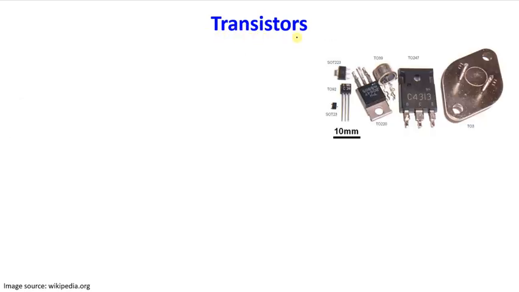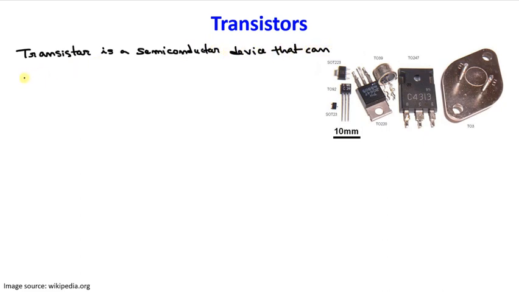So let us now discuss transistors. So what is a transistor? First of all, the transistor is a semiconductor device, right? Let us write it. It can amplify a signal.